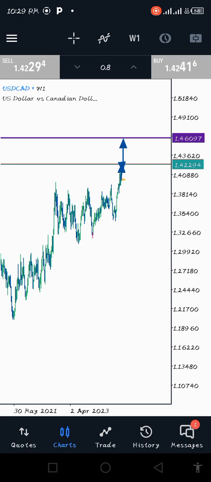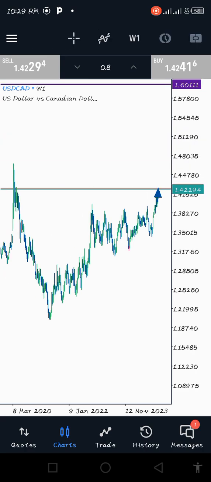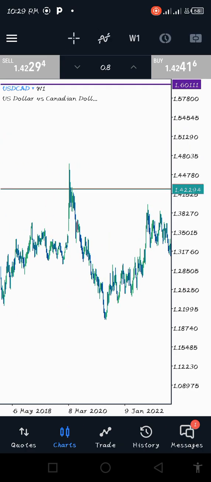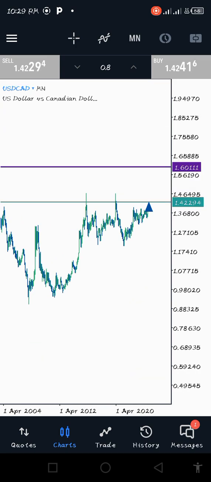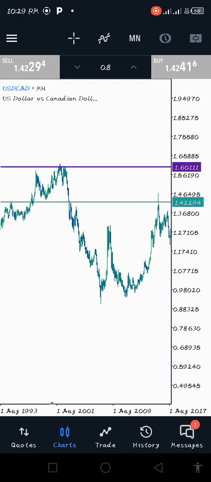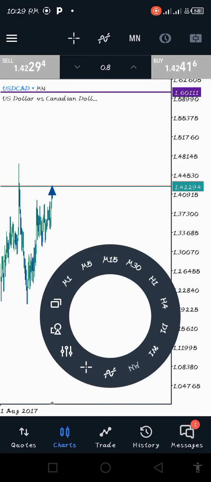So if we judge overall on this pair USD/CAD, let's move back to the monthly time frame and judge things from a higher time frame perspective.